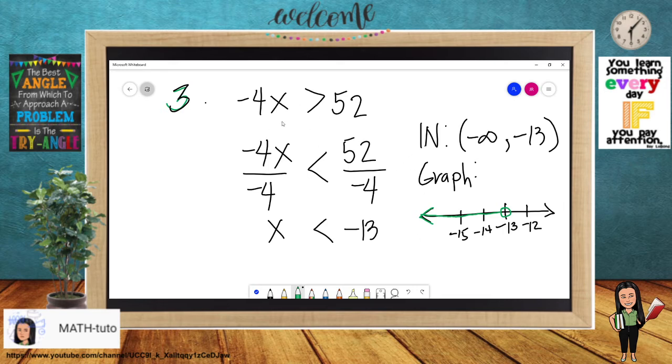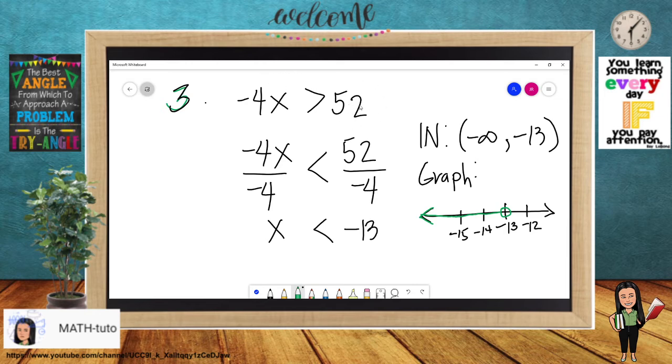Because in this example, we divided by a negative, which means that we need to change the sense of inequality. So, less than -13. Let's try -14. If we substitute in our original inequality, -14 times -4 is equal to 56, which means our inequality is true. 56 is greater than 52.